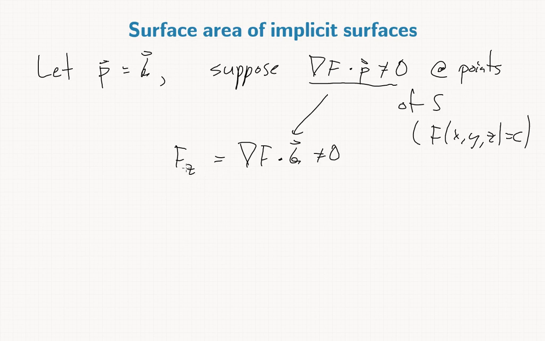So we're assuming that the partial of f with respect to z never vanishes on our surface.